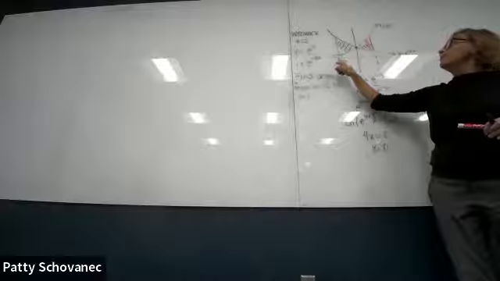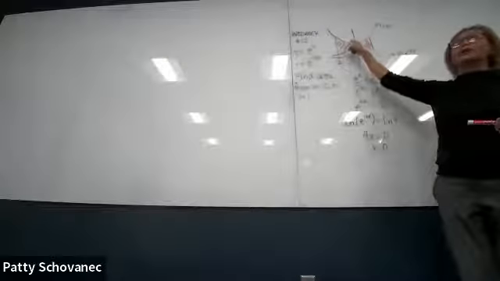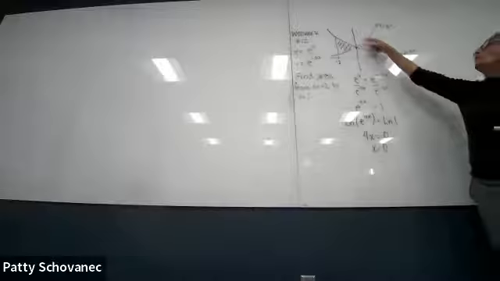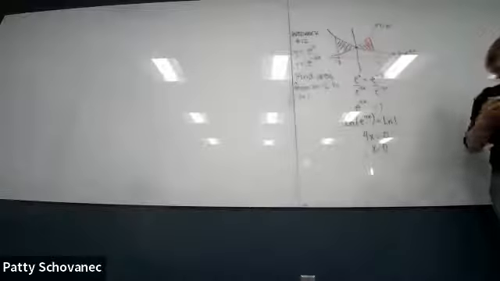The first one from negative 2 to 0 with the decay curve minus the growth curve. And then from 0 to 1 with the growth curve minus the decay curve.